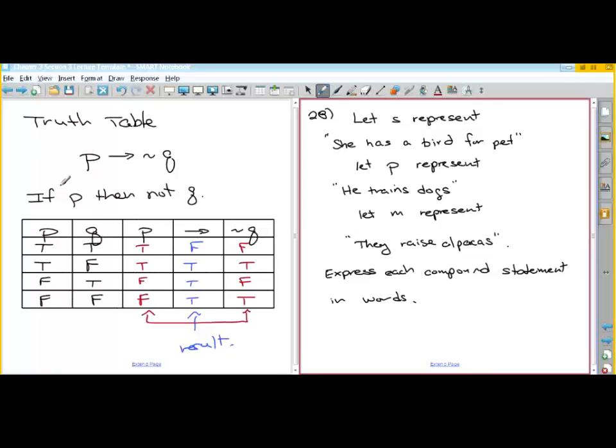So what we did was when we have these truth tables, we fill out the first n columns, however many letters we have, with this pattern of trues and falses, and the purpose is to get all of the different combinations that you can have of trues and falses that are possible.